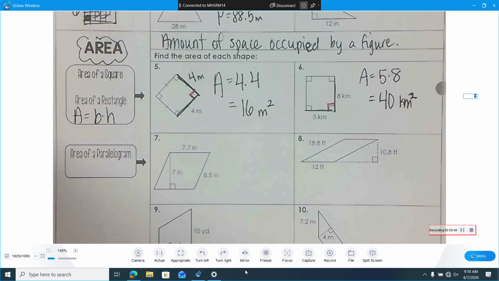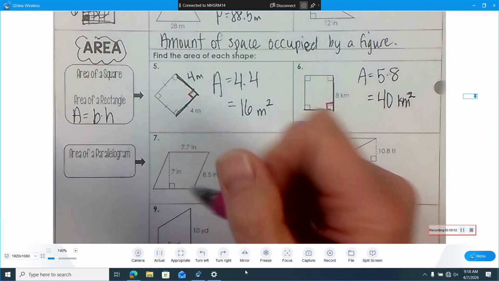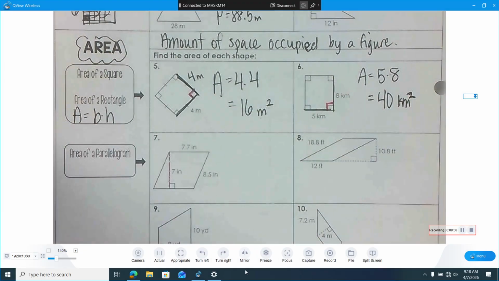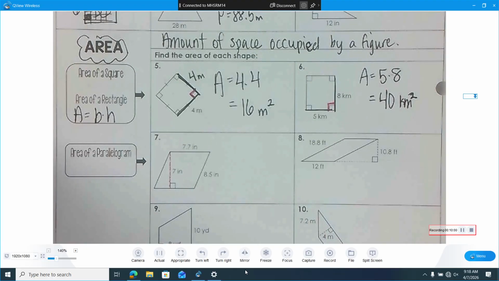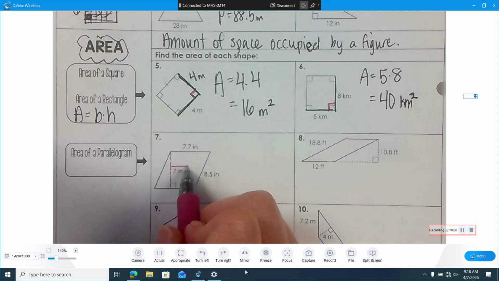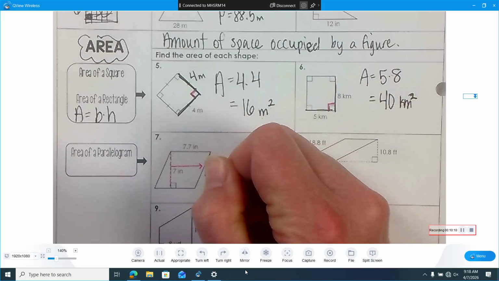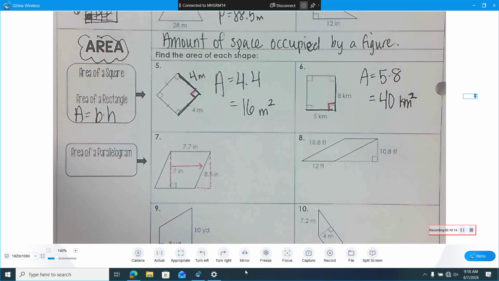You imagine that we cut out this parallelogram with scissors, and I'm going to cut that very straight up and down height there, and I'm going to cut that triangle off. And if I cut that triangle off, then I would slide it over, and it would fill in right here for me. And what shape do I create?